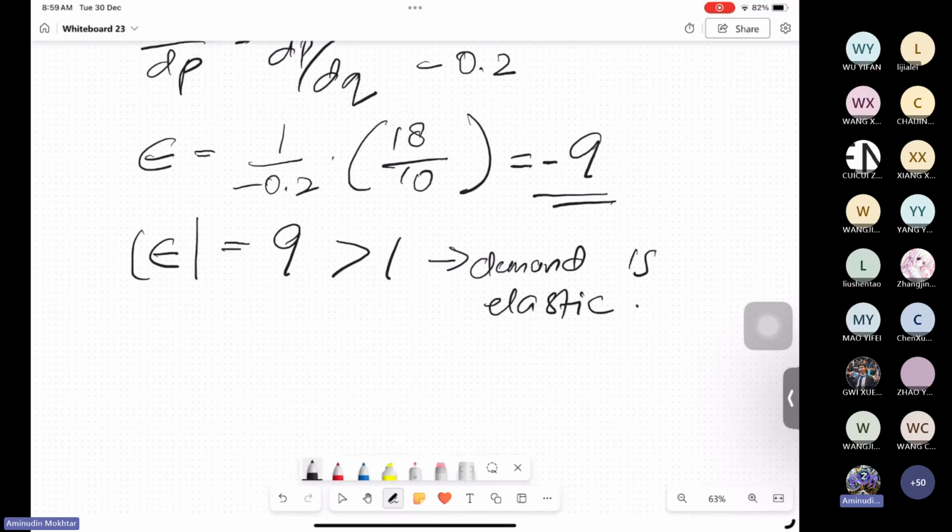And we can also interpret this value 9 as 9%. What does it mean?